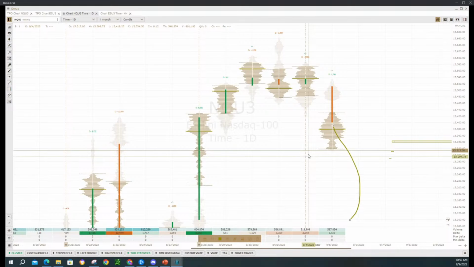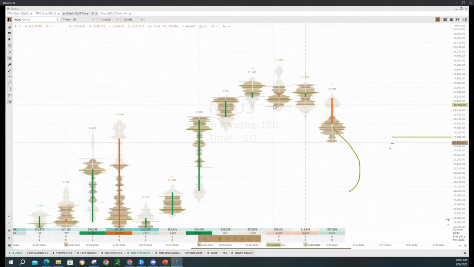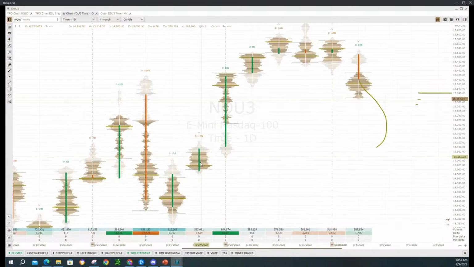And on the 27th, that's also one. Let me see, the 27th, this one, yes, that's also one. But it still went up afterwards. Yeah, of course. Remember, it's not a system where it's like, oh my God, I'm gonna short this right now.